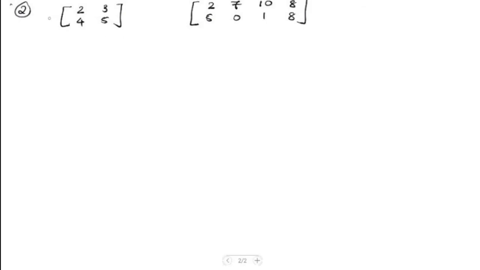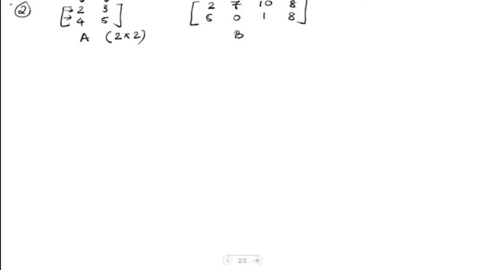Okay, let's say that's A. Okay, that's not visible. So this is matrix A and this is matrix B. What would be the size of matrix A? As you can see, we have 2 rows and 2 columns. So that's 2 rows times 2 columns.